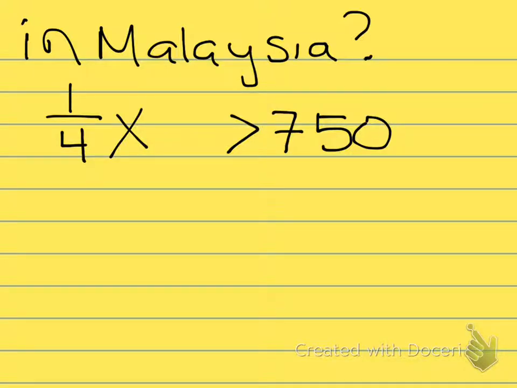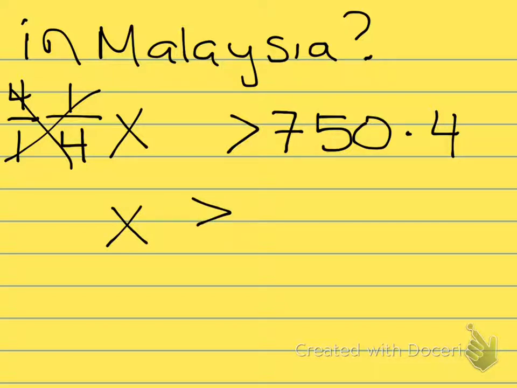So we're going to solve our inequality. There's no negative signs involved here, so we're going to solve this just like a regular equation. So we need to get x by itself. We need to multiply by the reciprocal to do that, which is 4/1. And we're going to multiply by 4/1, or 4, on both sides.